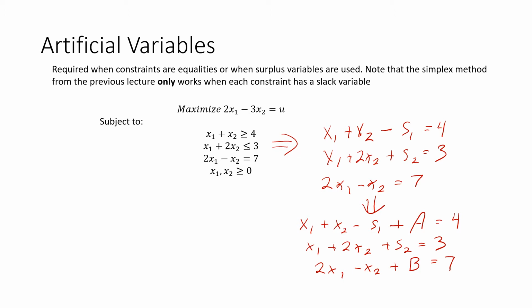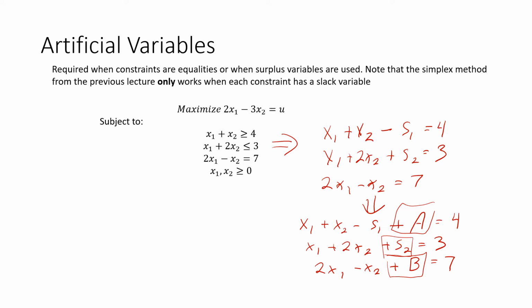So when we have surplus variables or we have an equality, that doesn't happen. So we have to artificially introduce that. For instance, in our first one, we have plus a only appears in that equation. The second one, we have plus s2 only appears in that equation. In the third one, we have plus b, the b only appears in that equation.